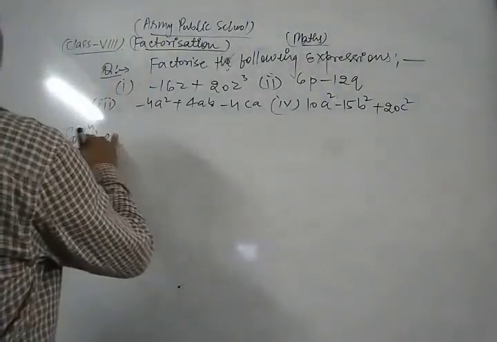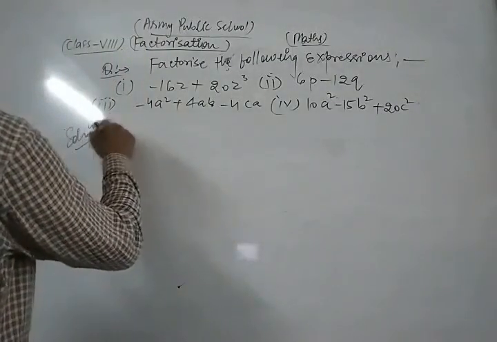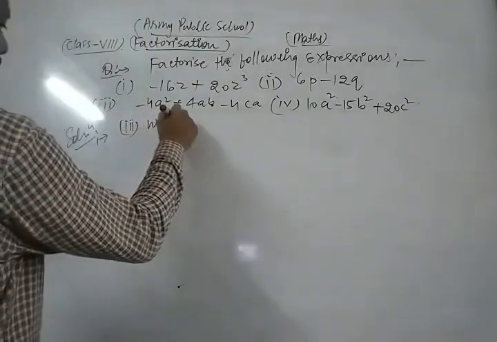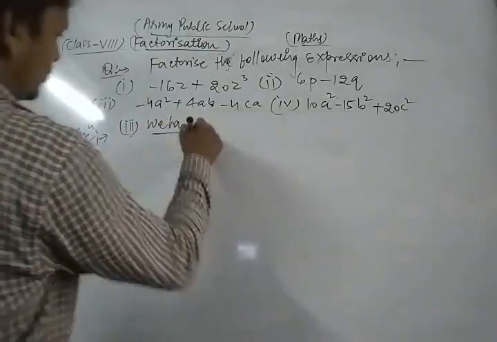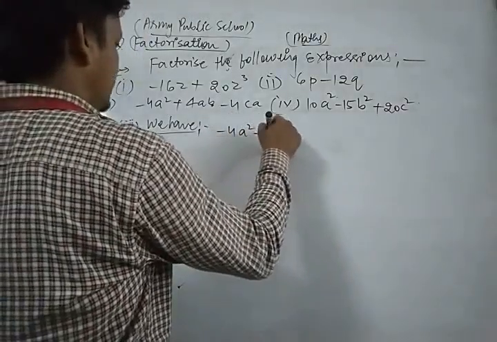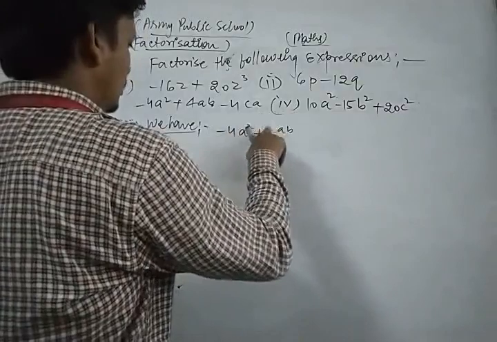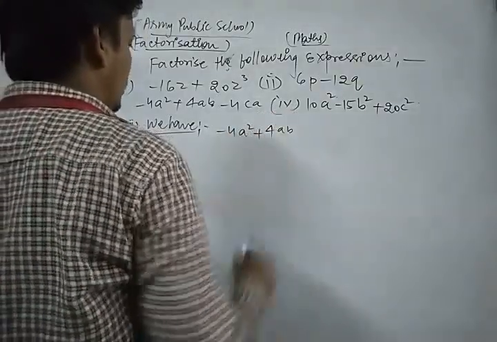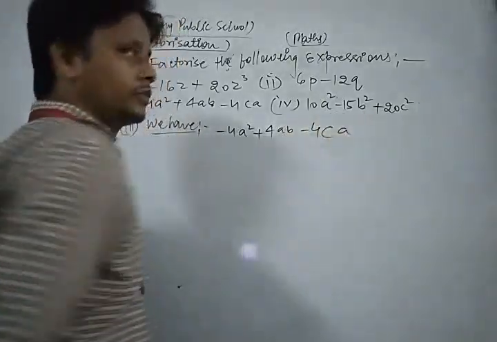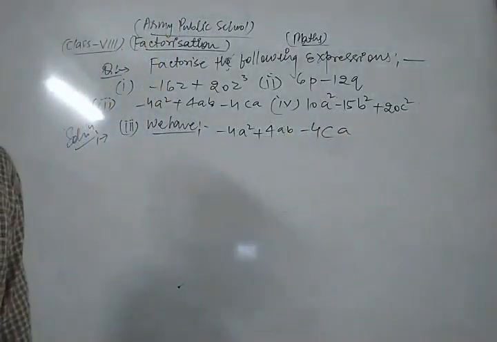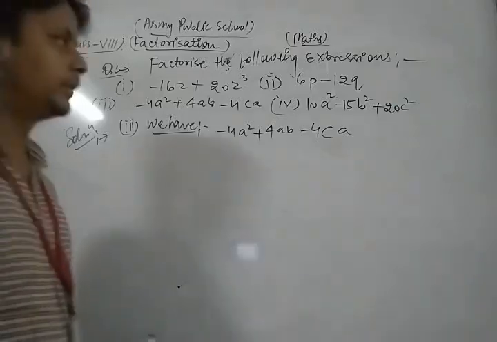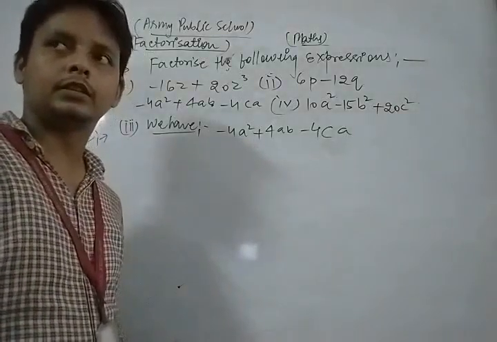We take and solve the third part of this question. We have 4a square plus 4ab minus 4ca.